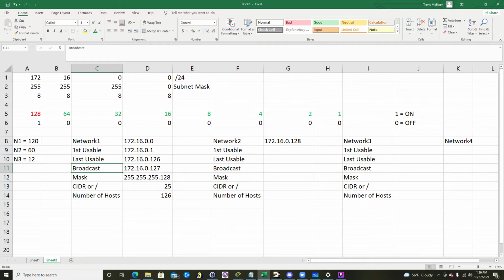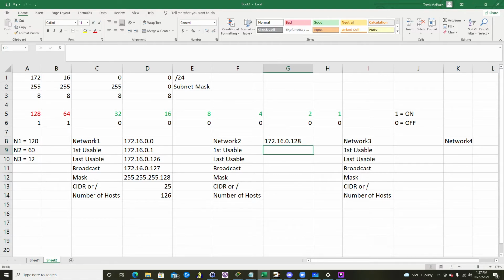So moving on to the next network, we have network 2 here. We're going to find for 60 hosts. So we're going to figure out where 60 falls. 60 falls in between the 64 and the 32. So this would mean that we're drawing our line in between the 64 and the 32. So we're turning on the 128 and the 64 bit.